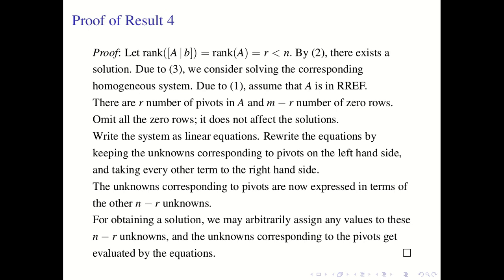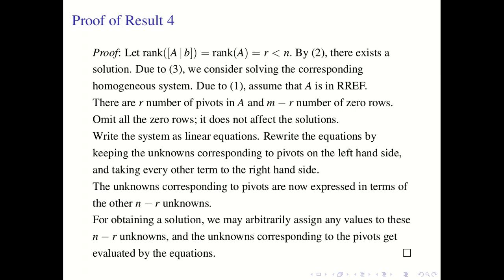So rank of A is equal to rank of the augmented matrix, which is R, and it is strictly less than n. Since rank of the augmented matrix is equal to rank of A, it has a solution.